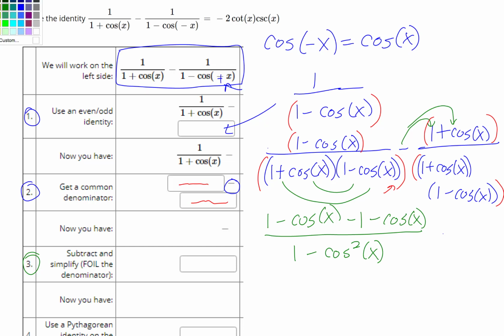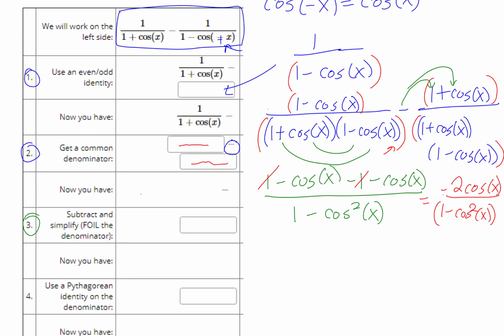Now it did say to simplify as well, so these will cancel. So as far as what I enter for a fraction, I'm going to have negative 2 cosine x, and that's going to be over 1 minus cosine squared x, and of course parentheses around the entire denominator.